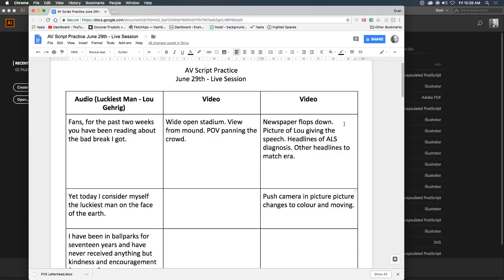So when it comes to estimating your time, it's really important to go in here and to say, when you look at the video portion, to think, how difficult is it for me to accomplish this? And the AV script isn't all of that answer. The style frames are going to be another part of that answer.